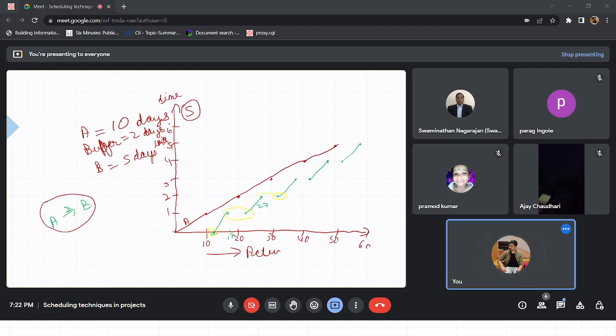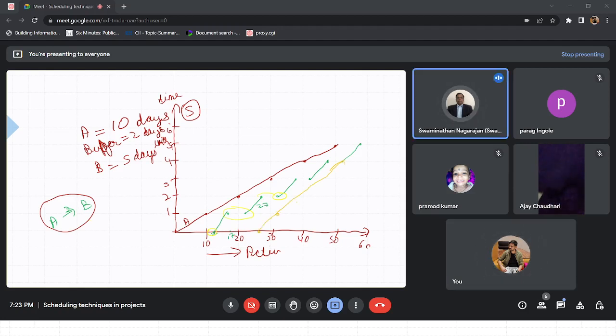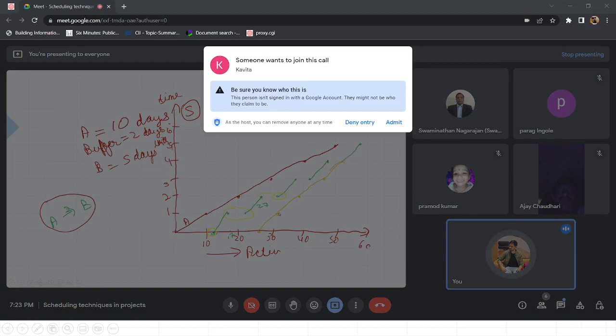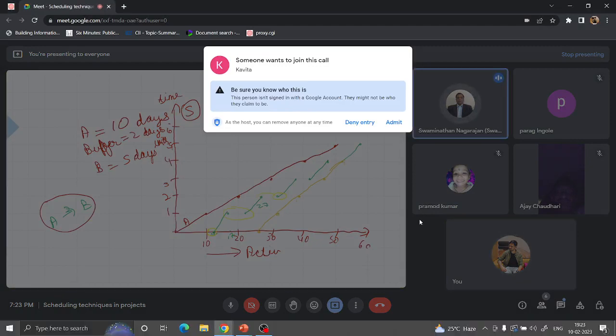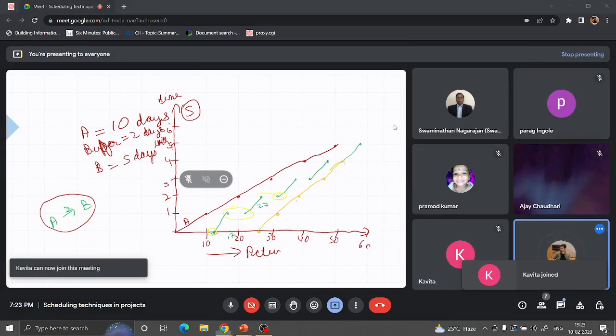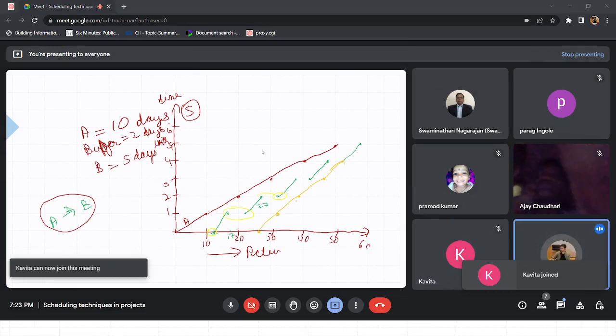So if you want the crews to work continuously, what you can do is, if we had maintained this logic here, I mean linearly, if we came this side, the slope is same, so duration here is same.